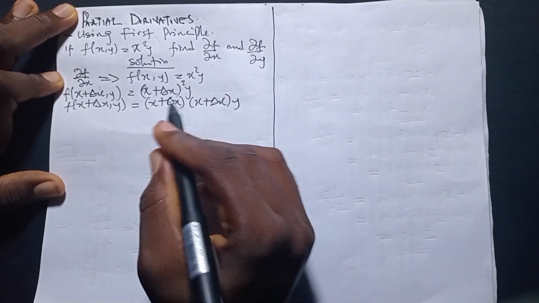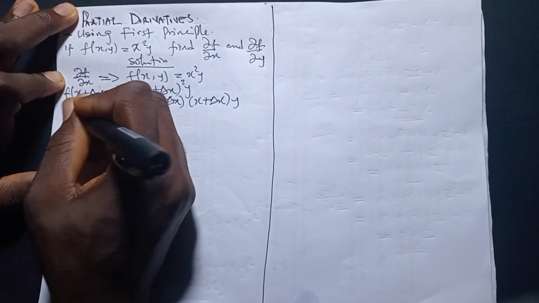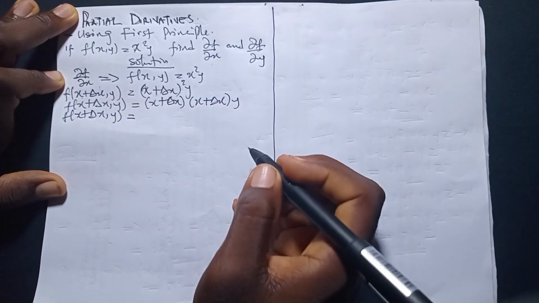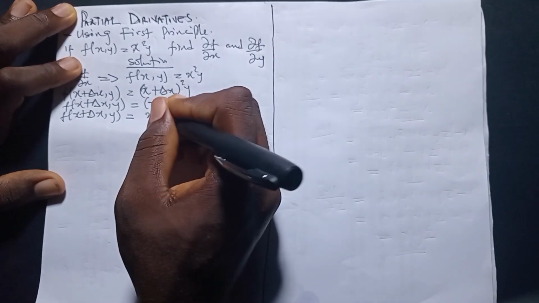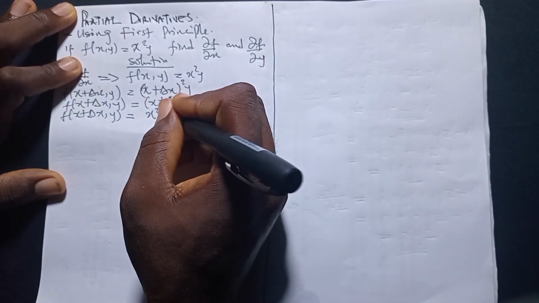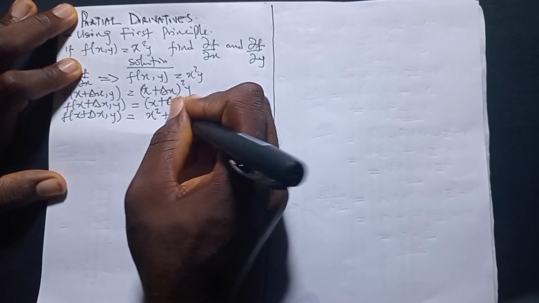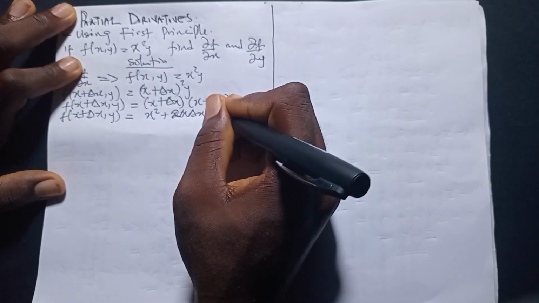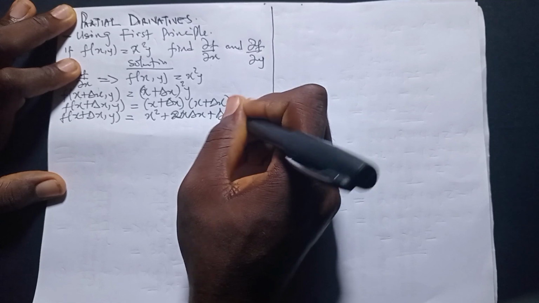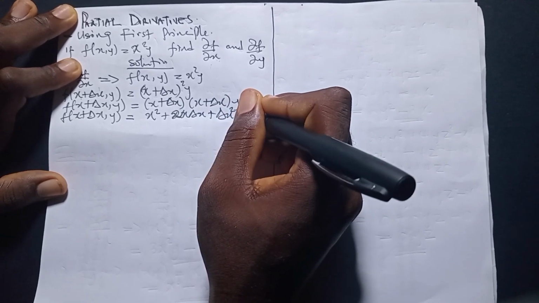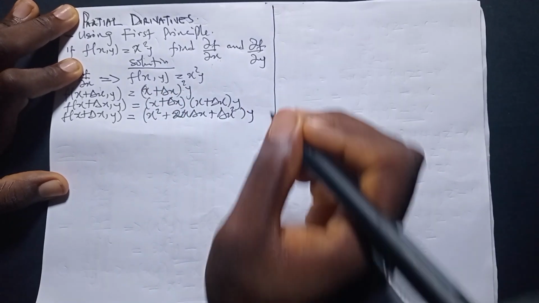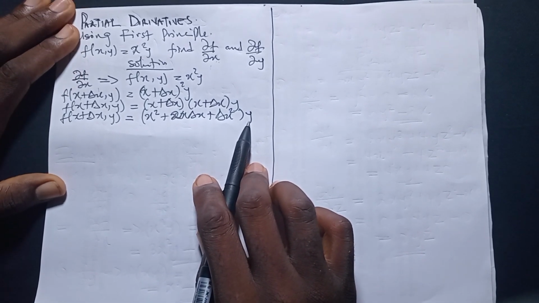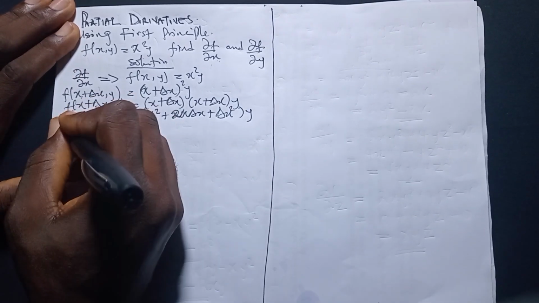Multiplying, you have x squared plus 2x change in x plus (change in x) squared. Then the y is outside the bracket, so we can use this y to multiply everything inside the bracket.